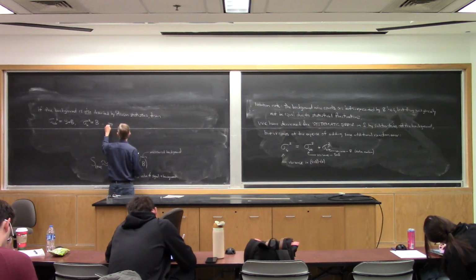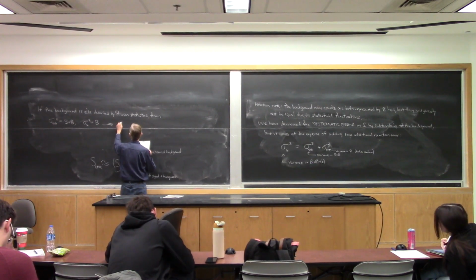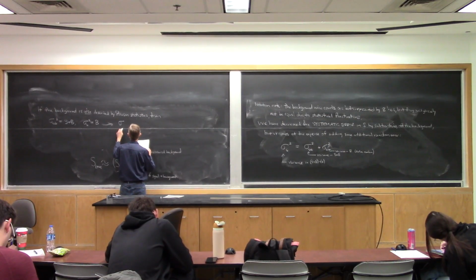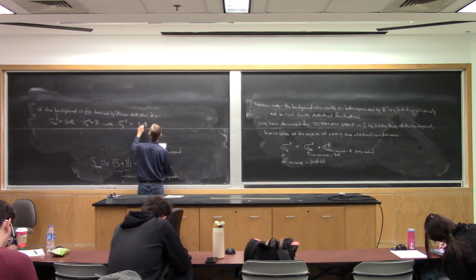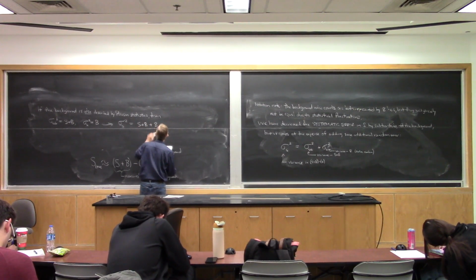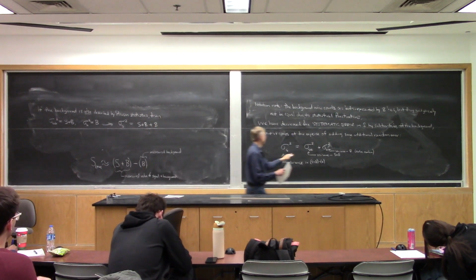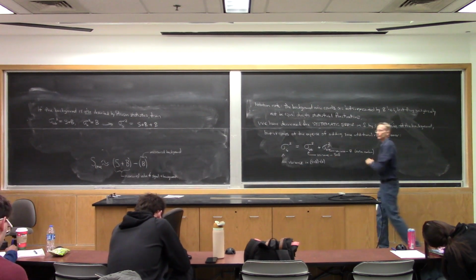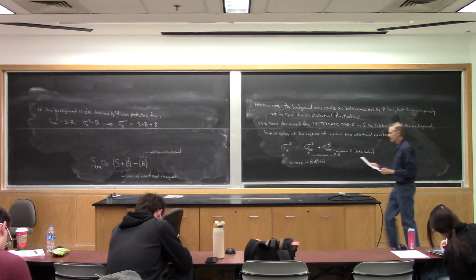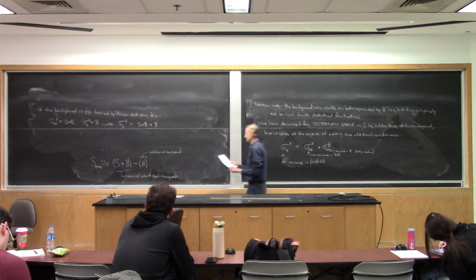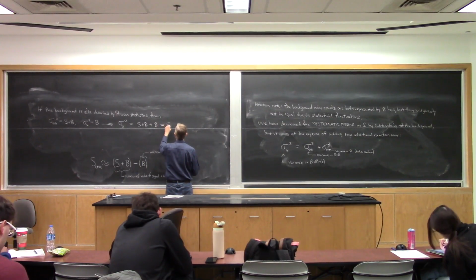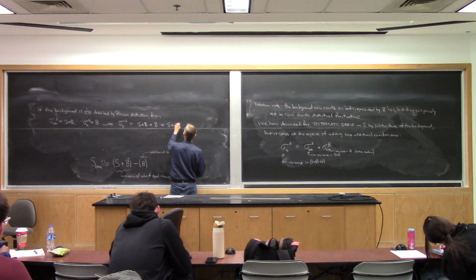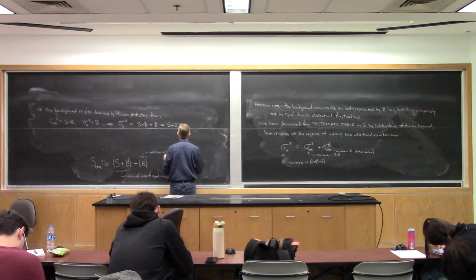And this says that the variance in S should be S plus B plus B, right? S plus B for this term, B for that term. So it's S plus 2B.